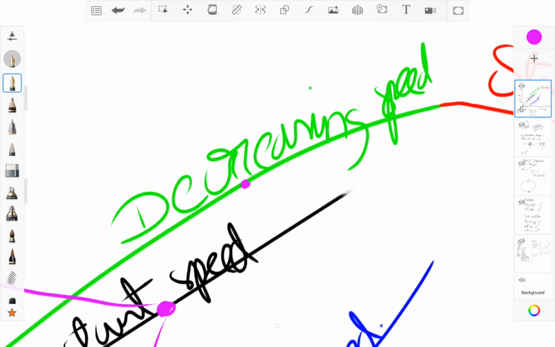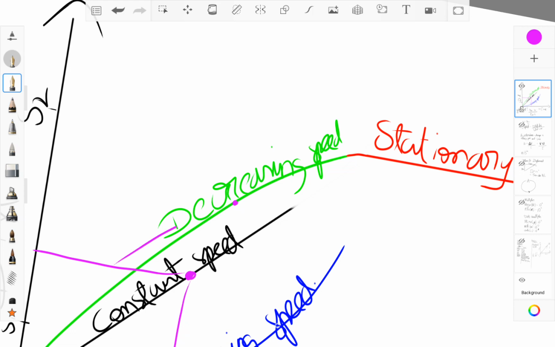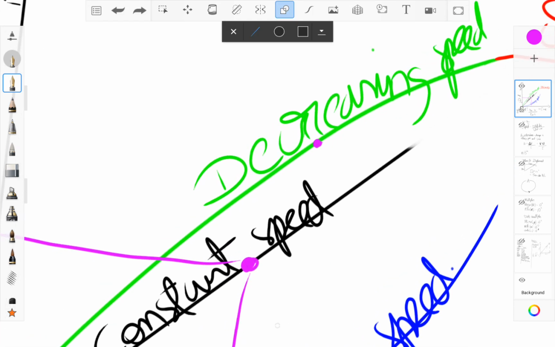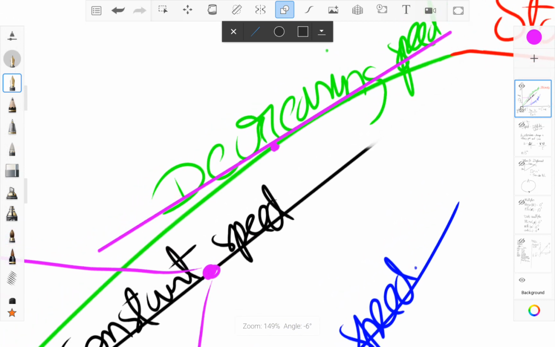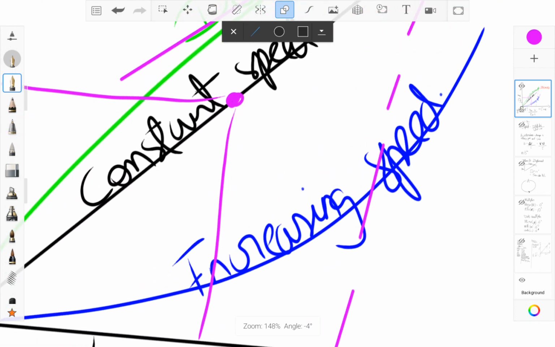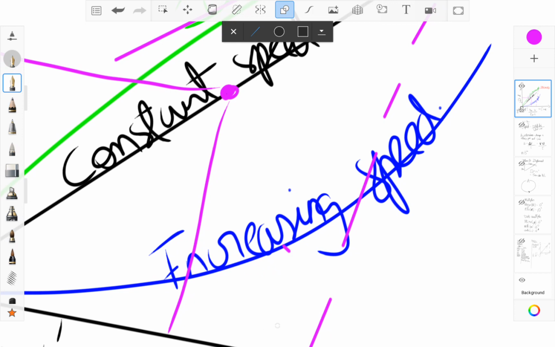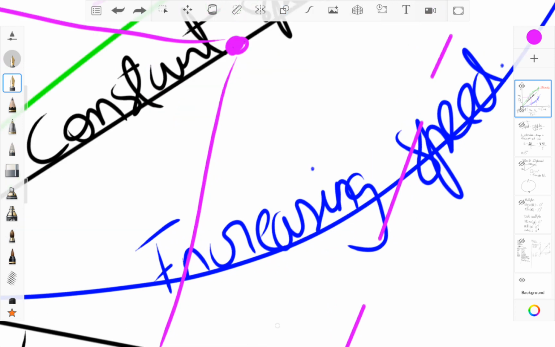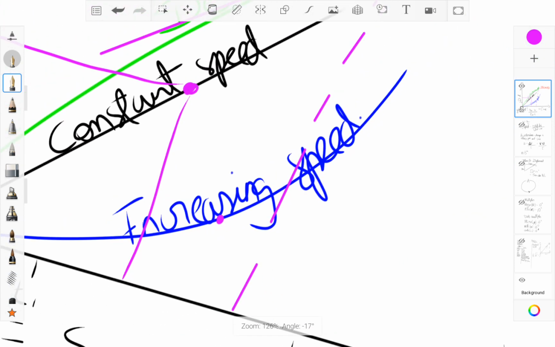you're given a point, and you need to use a ruler to draw a tangent. It's hard to draw on the tablet, but you would usually draw a tangent like this, and you would use the tangent to calculate the gradient for this specific point. And the same thing would be done for increasing speed, where you would be given, let's say, this point. You would draw a tangent like this.